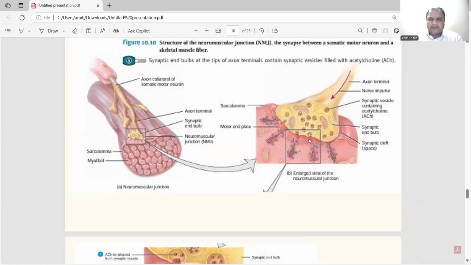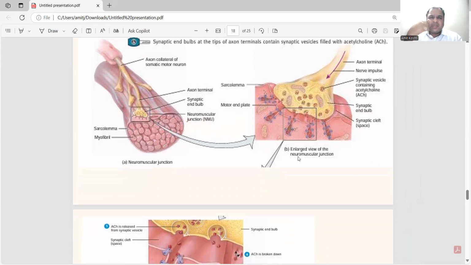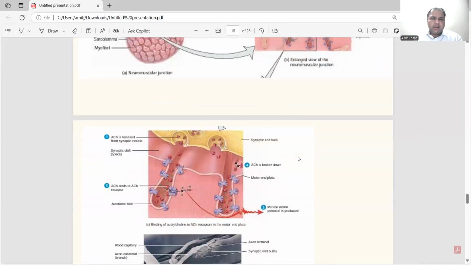Two molecules attach to the receptor. Once the receptor is attached to its ligand, it opens, more and more sodium gets inside, the muscle is depolarized, calcium ion gets released from the sarcoplasmic reticulum, and you have muscle contraction.